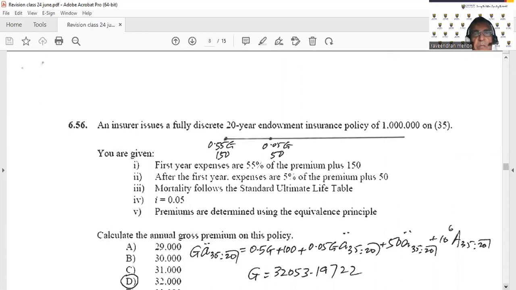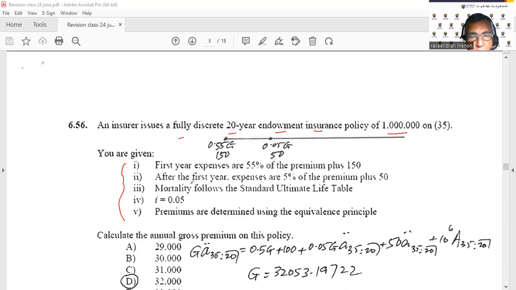You'll be fine, yeah? 6.56, we are trying to find your annual gross premium for this policy. We have a fully discrete 20-year endowment insurance policy of 1 million, yeah? On somebody age 35, you're given all these facts.